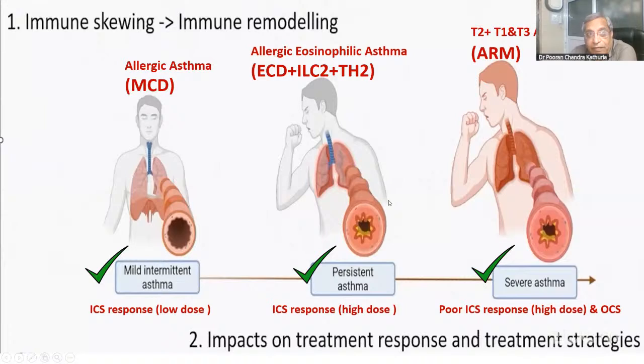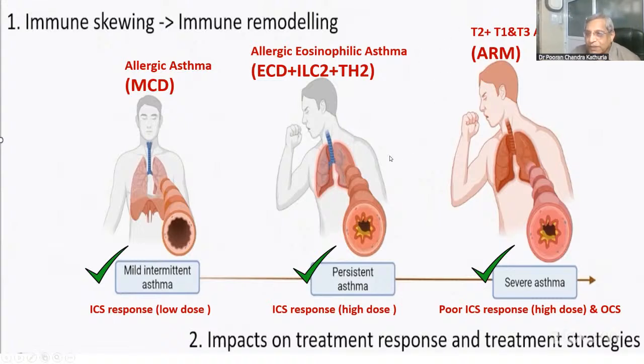In response to allergic asthma, immunologically we define on the basis of it whether my patient belongs to mild intermittent asthma, persistent asthma, or severe asthma. Mild intermittent asthma means there is infiltration of only the mast cells. Here the priming effect of the eosinophil occurs. We give LABA and ICS, the patient gets relief, but there is no remodeling.